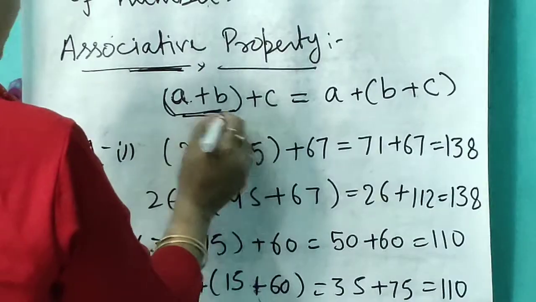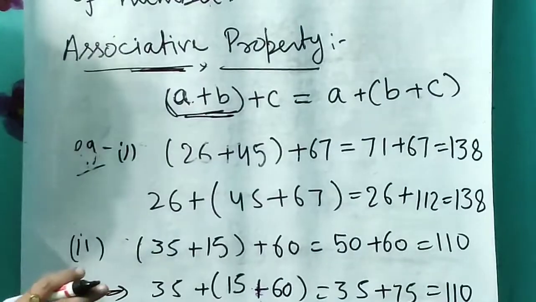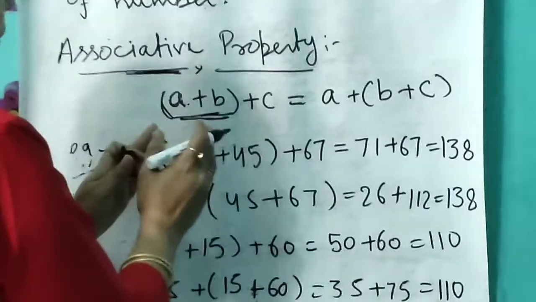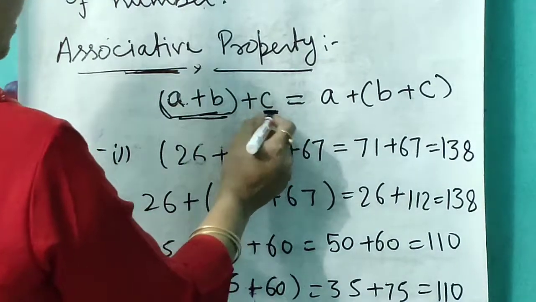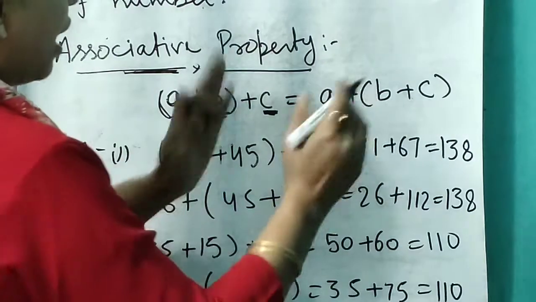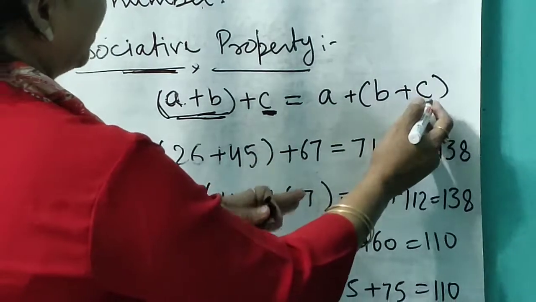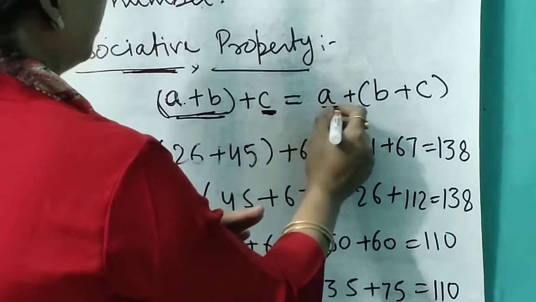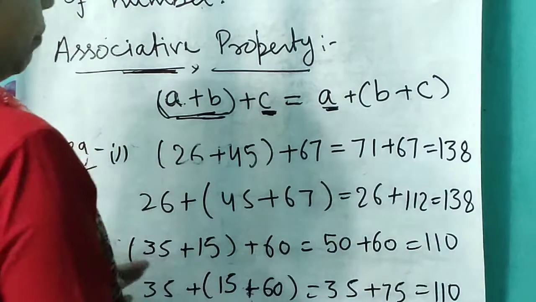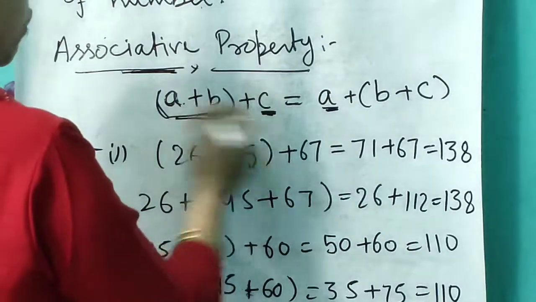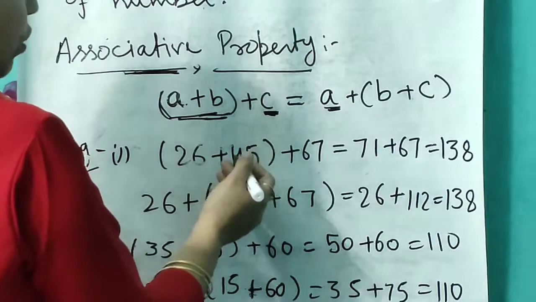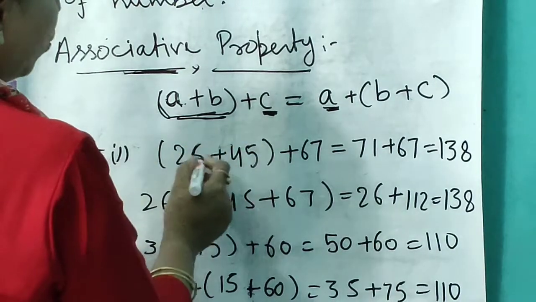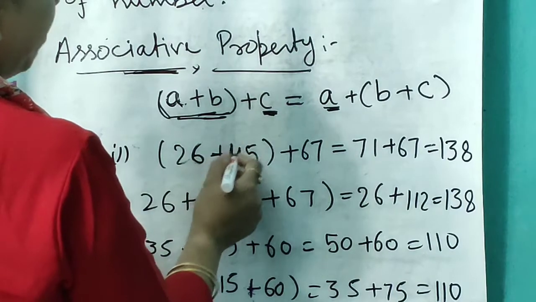Suppose you have to add three numbers, and first you add the first two numbers and then the third number, and you get a result. And if you add the last two numbers, the second and third number, and then add the first number, the result will be the same. Again the same thing, if the grouping of addition is changed, the value remains the same. But here we do the grouping with the help of brackets.